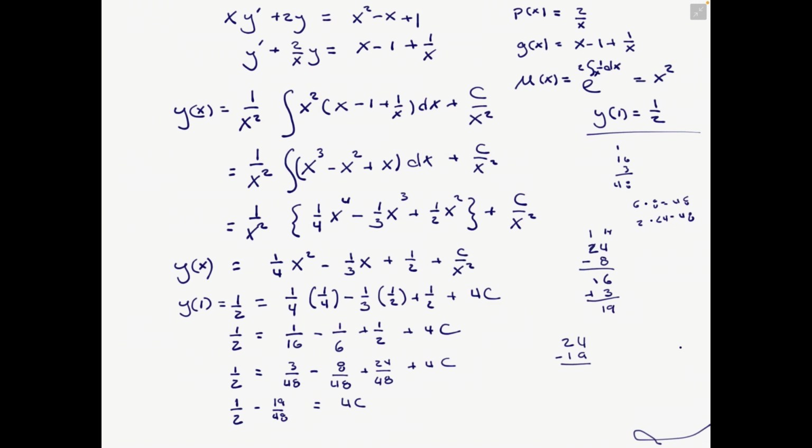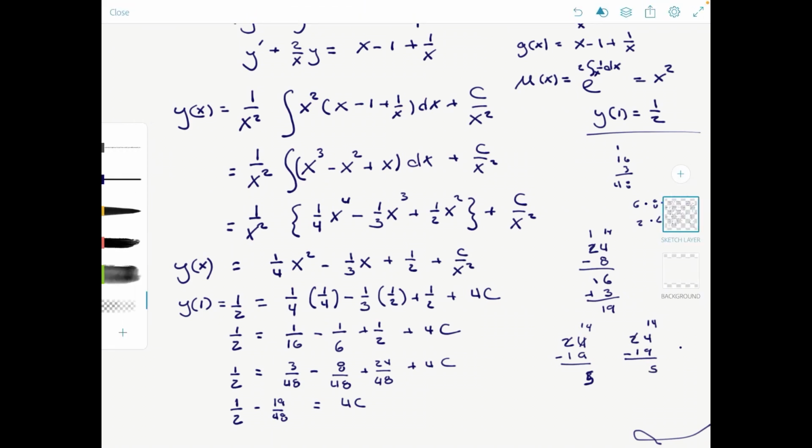So that's, okay, 5. What am I doing? Okay, 24 minus 19 is 5.